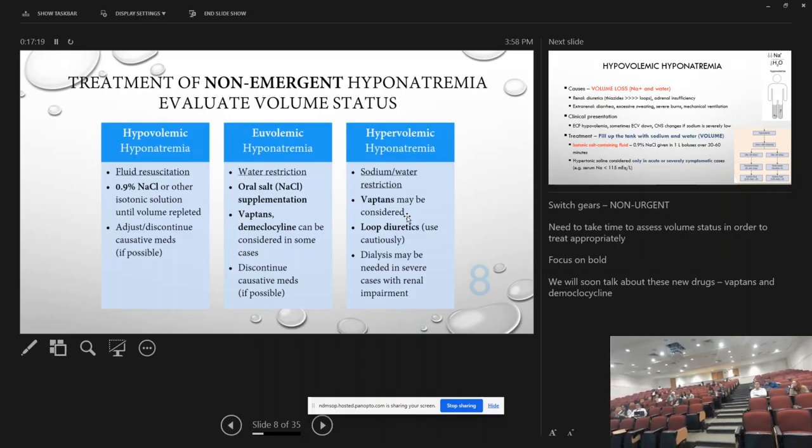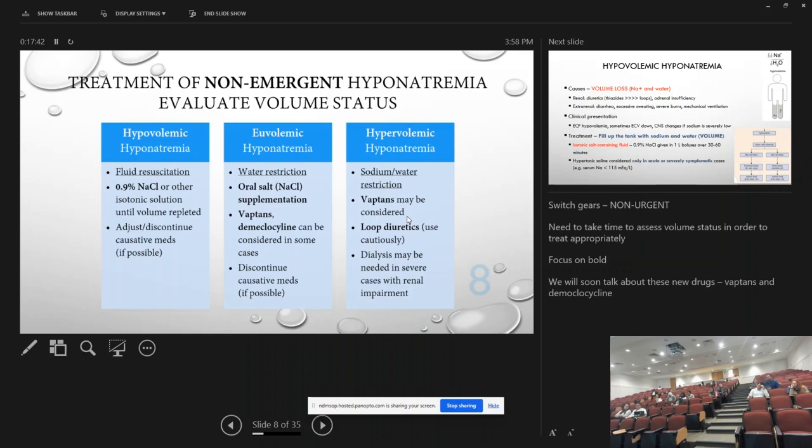And then you're going to identify any causative meds that the patient is on and discontinue them. In euvolemic, the volume status is normal, but the patient comes in hyponatremic, you're going to water restrict those patients. So you don't want to administer water. Maybe you'll give salt tablets.